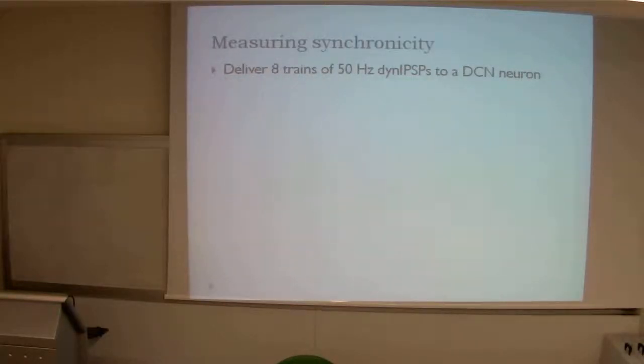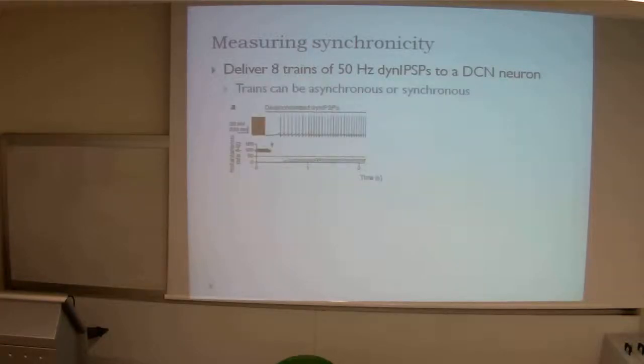Okay, so we're going to be measuring synchronicity into the DCN cell as if it was coming from a bunch of different Purkinje cells. So using the dynamic clamp, we'll be delivering 8 trains of inhibitory potential to the DCN cell. The key is that these trains of current, potential, can either be asynchronous or synchronous.